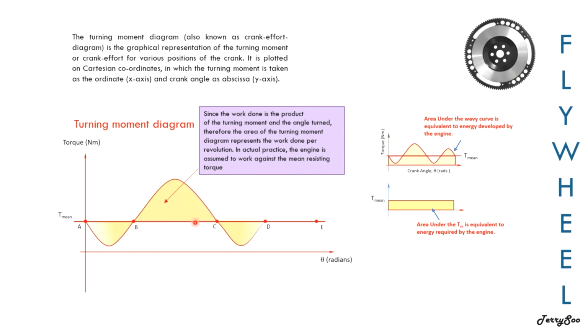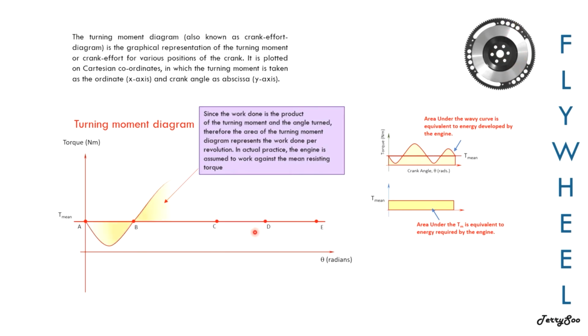When you refer to B to C, the area which is above the top line actually represents energy in excess. So the flywheel will rotate faster when there is an energy excess. It causes the flywheel to accelerate.